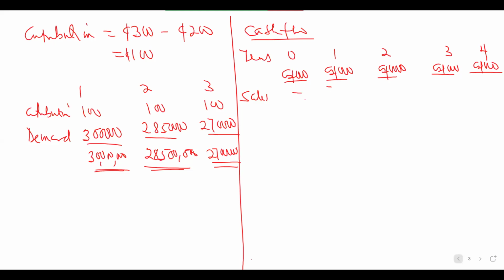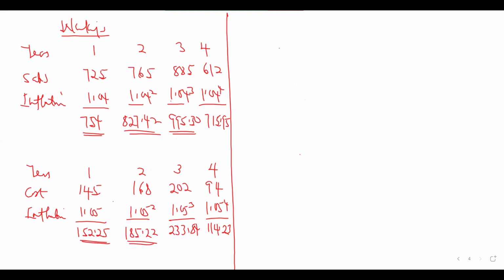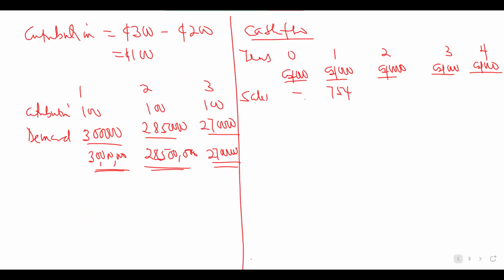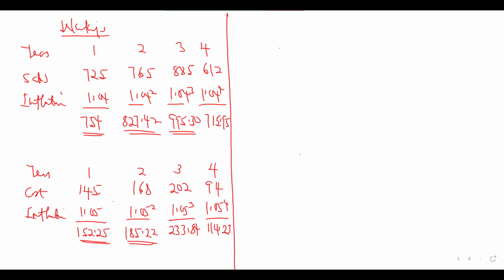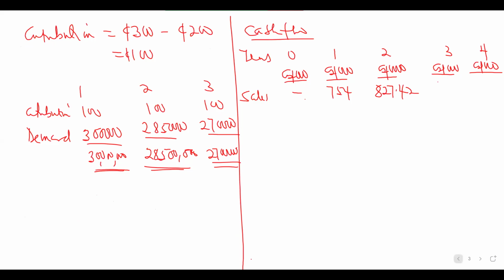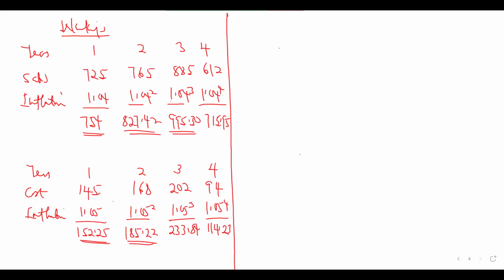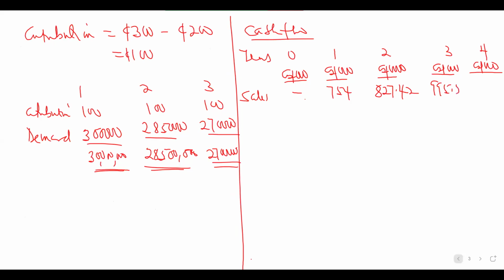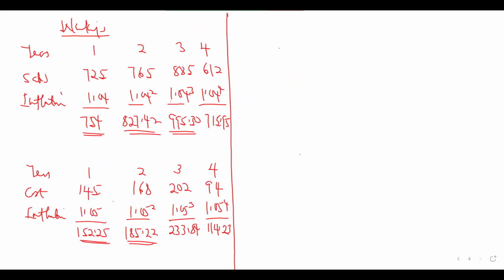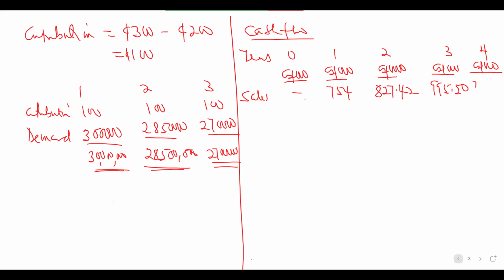Year 0, no. Then we have 754, then 827.42, then 995.50, then 715.95. So you bring the respective cost here.